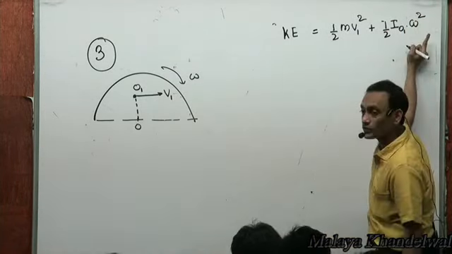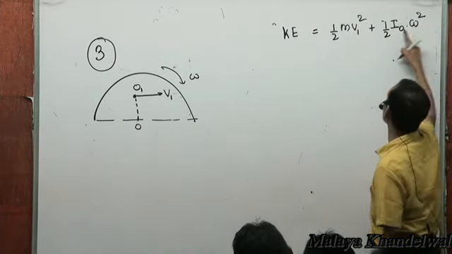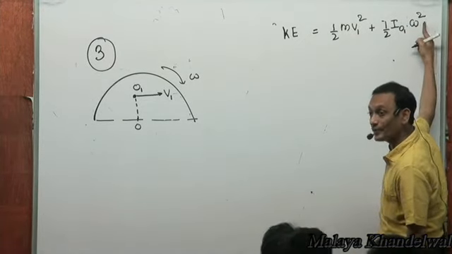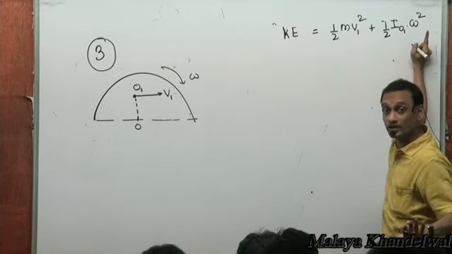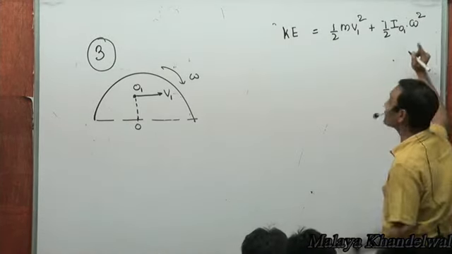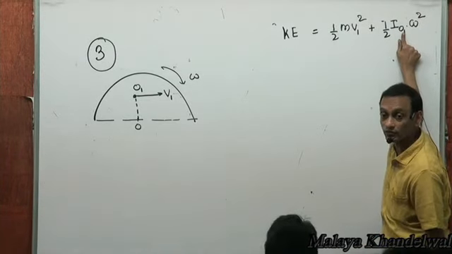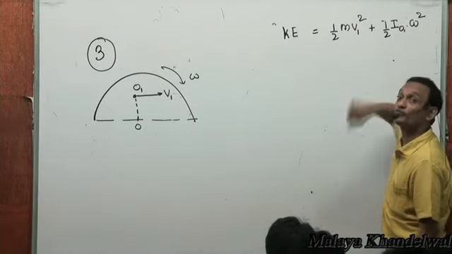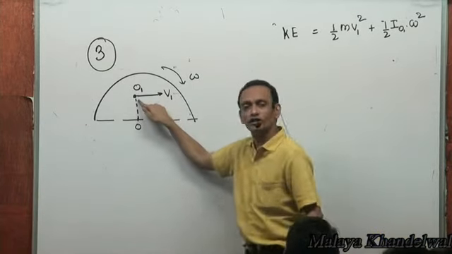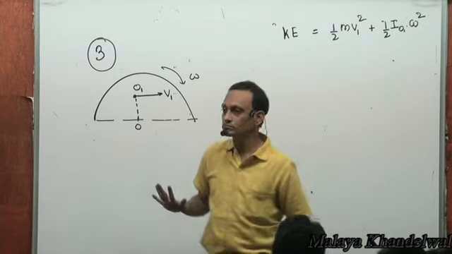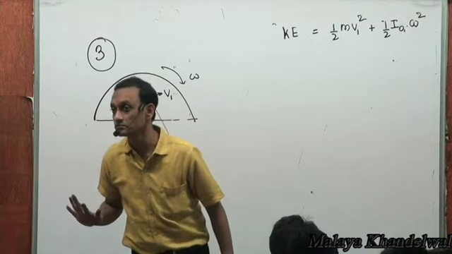Half of m V_CM squared plus half of I_CM omega squared. Yes or no? That's how you'll compute the kinetic energy of the upper half. So what's the task? The task is to find V1 and I about O1 for the upper half, the moment of inertia of the upper half about its own center of mass. These are the two things essentially. Right?